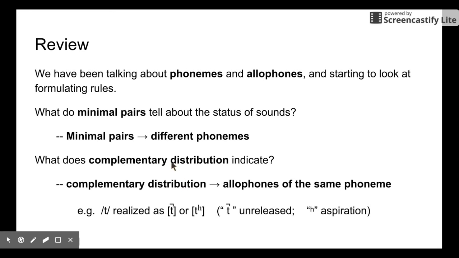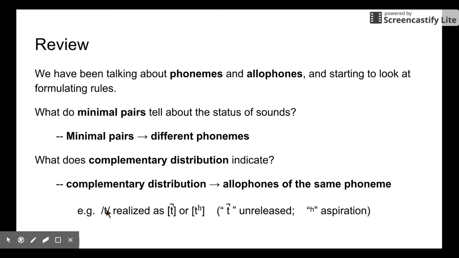Actually, if we have minimal pairs, it tells us that these two sounds are different phonemes. And if we have two sounds which are in complementary distribution, then these two sounds should be allophones of the same phoneme. For example, unreleased T and T with aspiration, these two sounds are in complementary distribution.